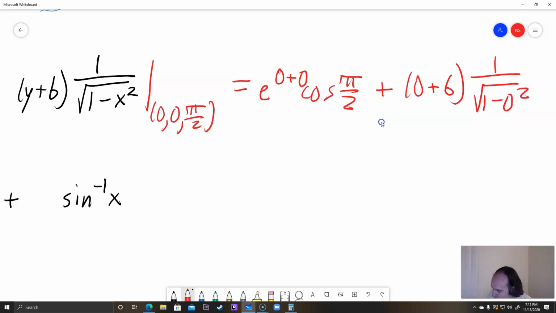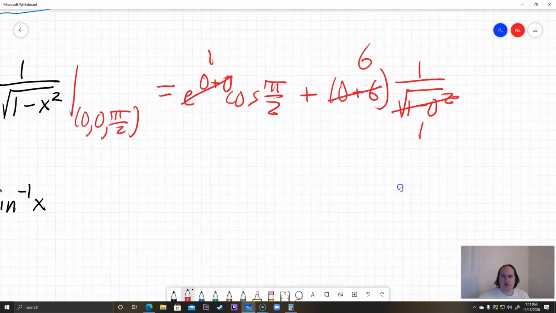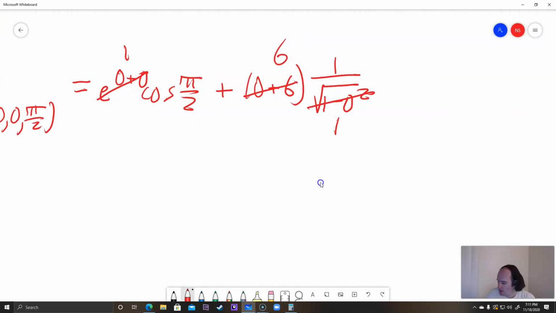So e to the 0 is 1, so that's just 1. 0 plus 6 is just 6. And the square root of 1 minus 0 squared is just 1. So here, for the partial f partial x, we actually just end up with cosine of pi over 2 plus 6.